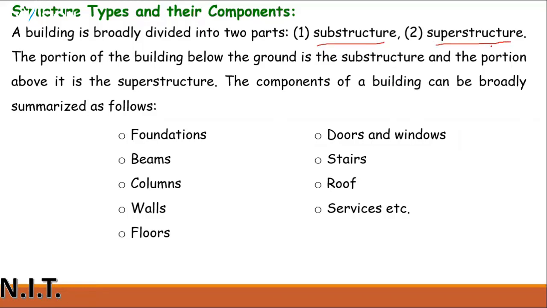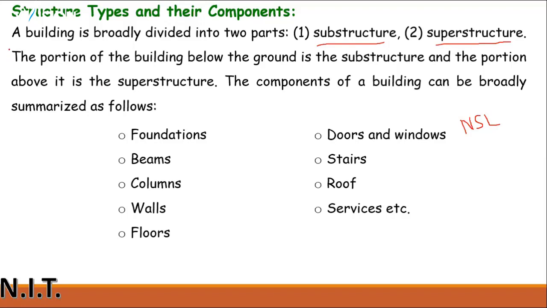Substructure and superstructure. Substructure is that part of the building which is beneath the natural surface level, NSL. The structure beneath the natural surface level is called the substructure, and the structure above the natural surface level is called the superstructure. Remember these definitions.